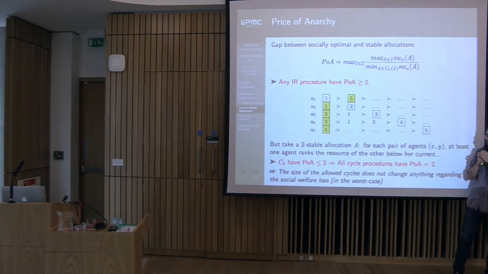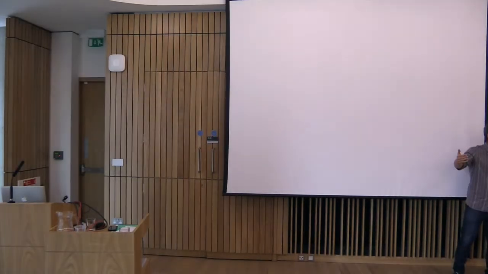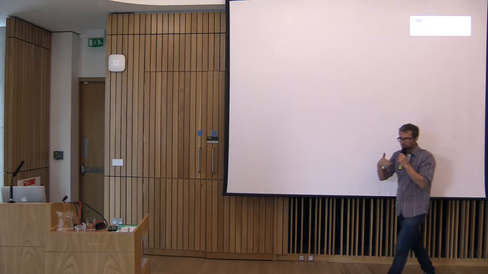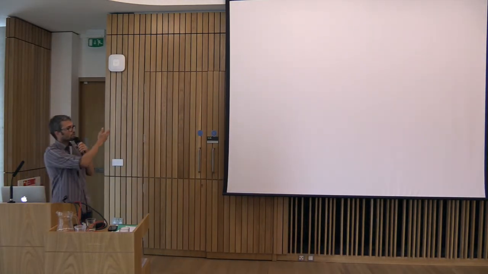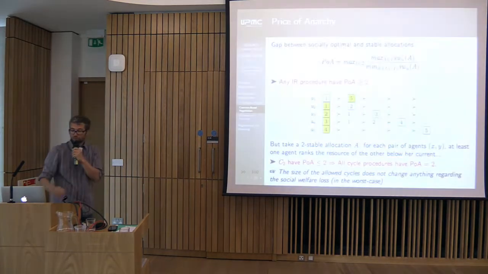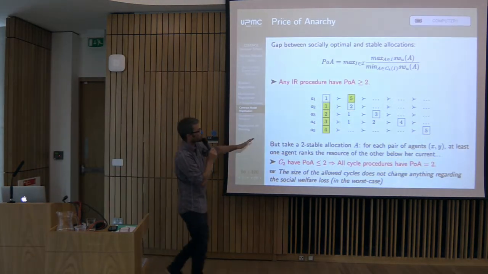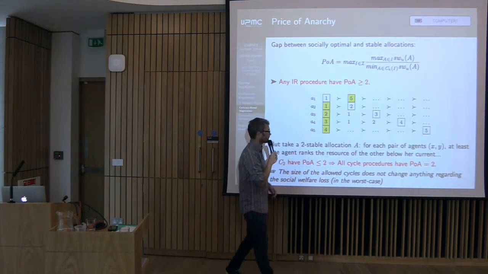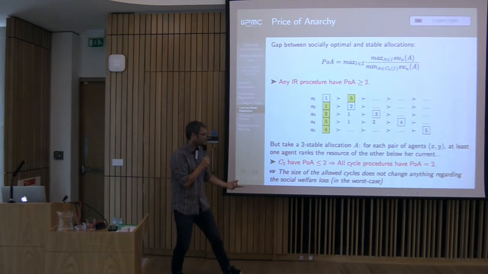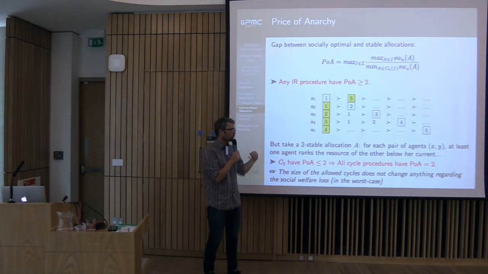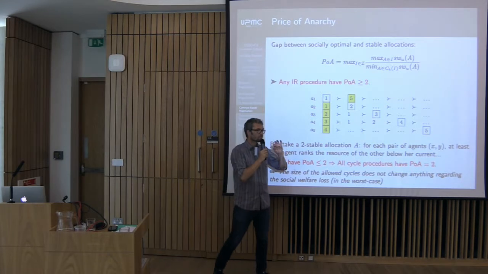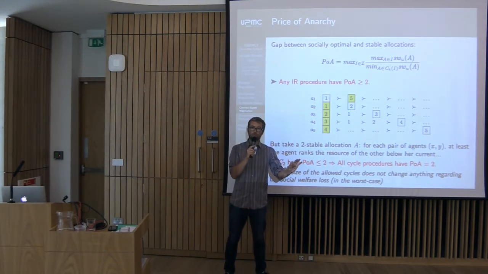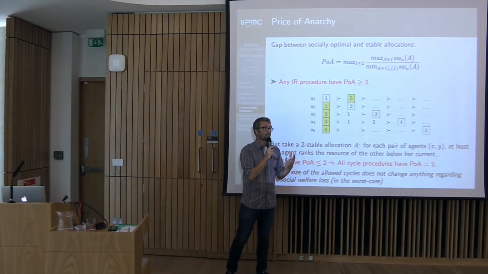Okay, it cannot be worse. But I can never guarantee better than this for any procedure, for any protocol using individual rationality, given the instance that I just showed here. Okay, I could never get a better guarantee because of this. And so, incidentally, it also shows that in the worst case, the size of the cycles that you allow does not make any difference.